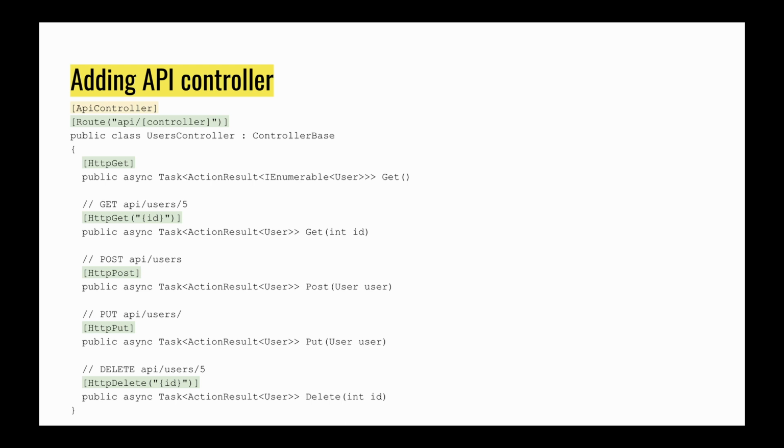The Put(User user) method processes PUT requests, receives data from the request and changes the object in the database with them. The Delete(int id) method processes DELETE requests, that is, deletion requests. It receives the id parameter from the request and deletes the object from the database with this identifier.